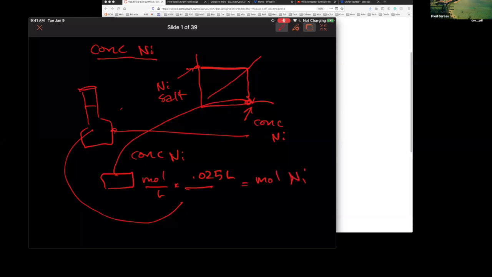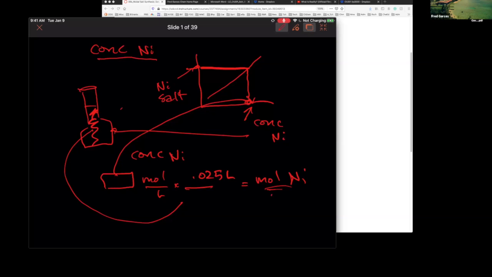So using the calibration curve data, you can calculate the concentration of the nickel in the sample that was prepared, and using the volume, you can calculate the moles of the nickel. Now, why is the mole of the nickel important?